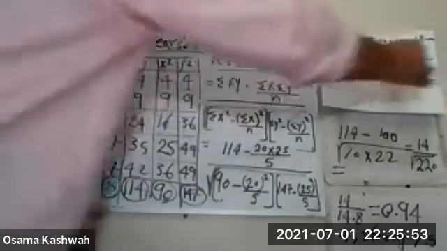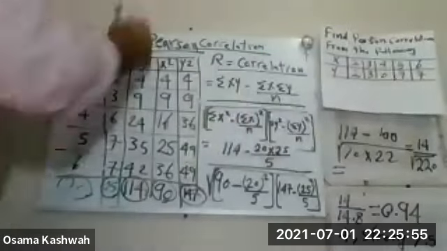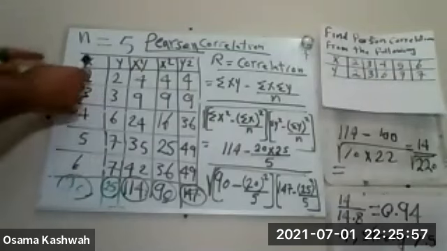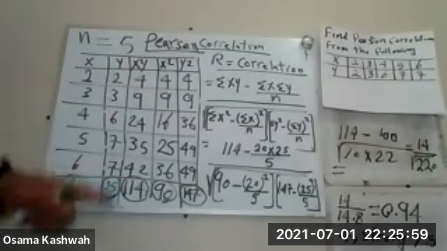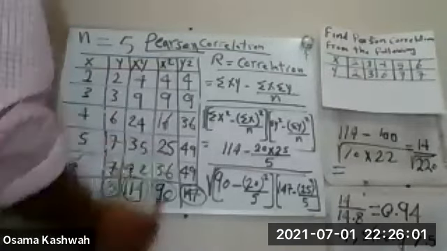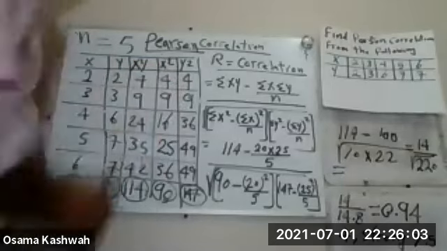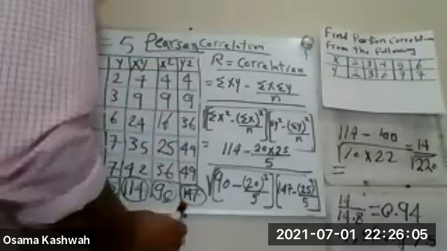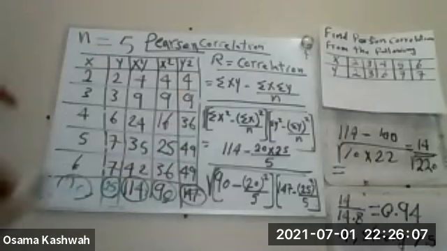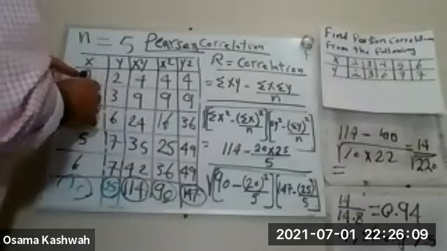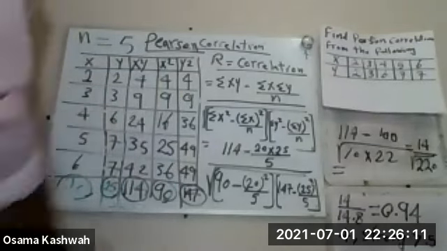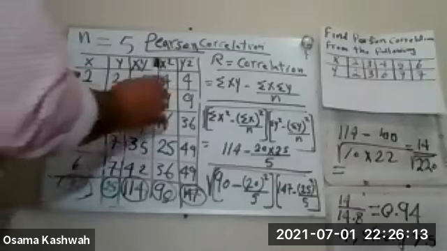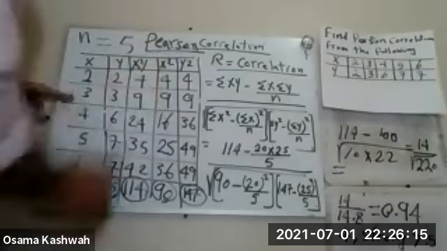We have X and Y. We put them horizontal, we put them vertical. Then we multiply X times Y to give the column of XY. We square X, power 2, and we square Y, power 2. So as an example, for XY, 2 by 2 is 4, 3 by 3 is 9, and so on. X squared, 2 times 2 is 4, 3 times 3 is 9.